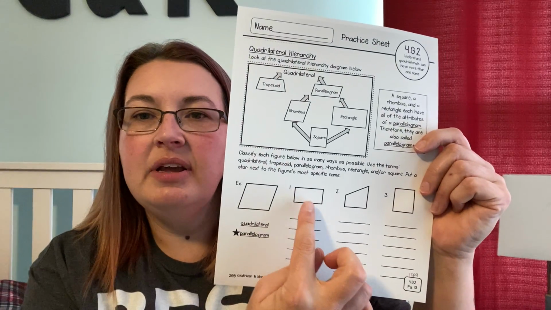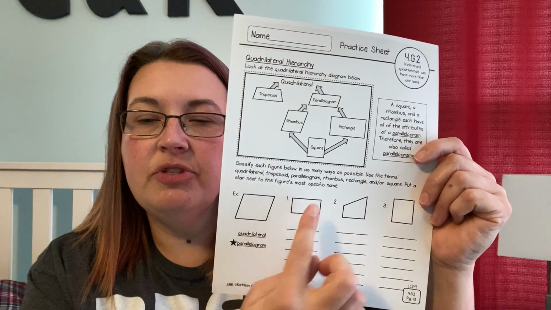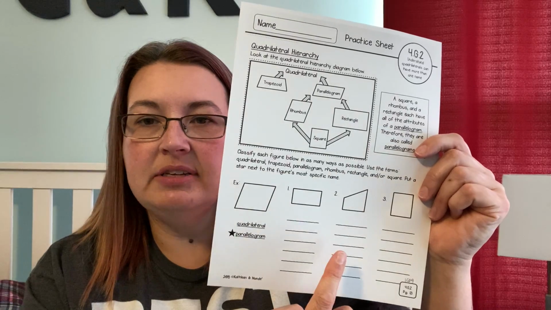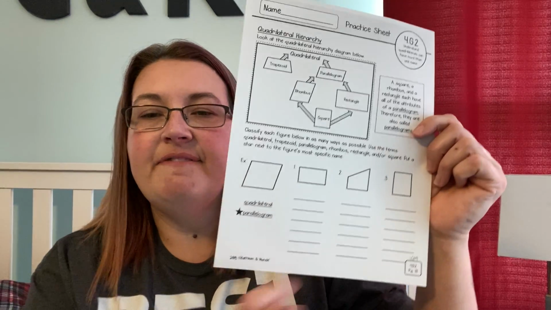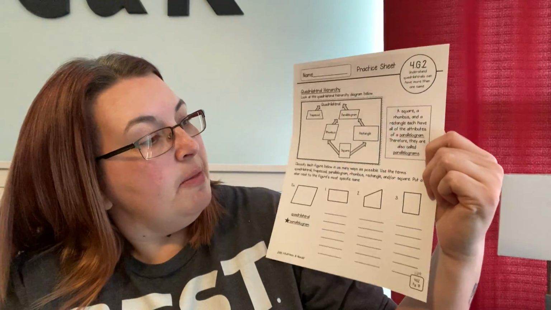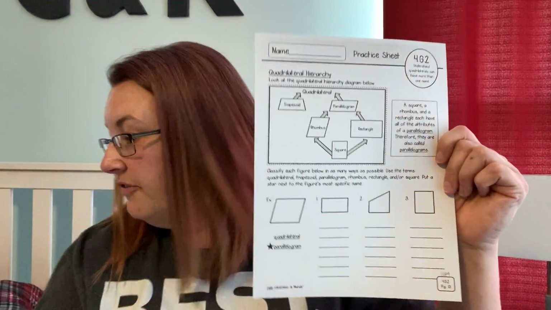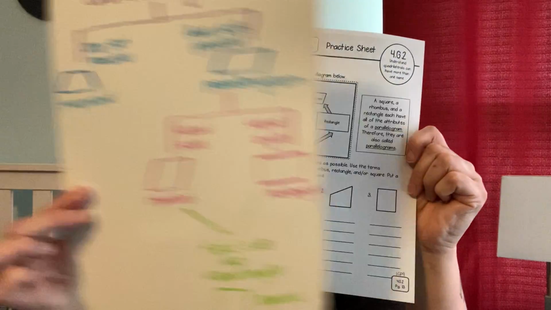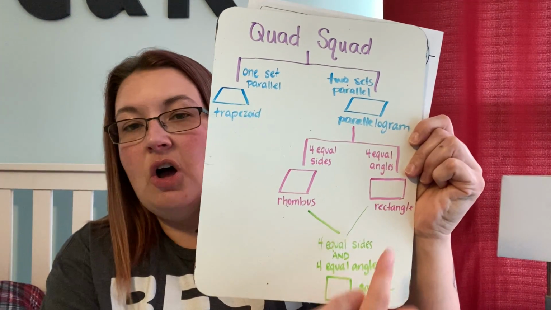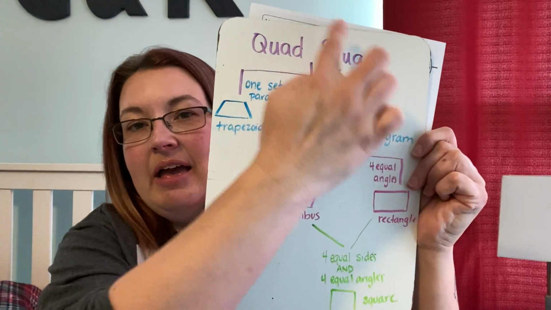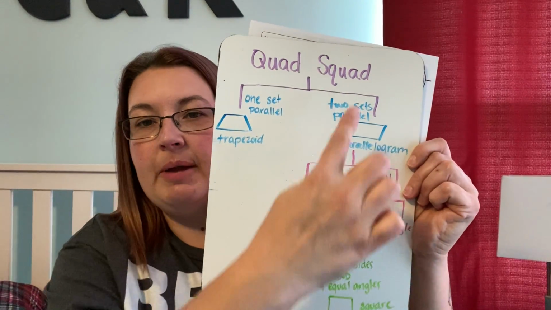This one is going to have 3 different names, this one is going to have 2 different names, and this one is going to have 5 different names. So tell me all of the different ways. Remember to use what I told you: the furthest one down is also going to be called everything up all the way up the diagram.